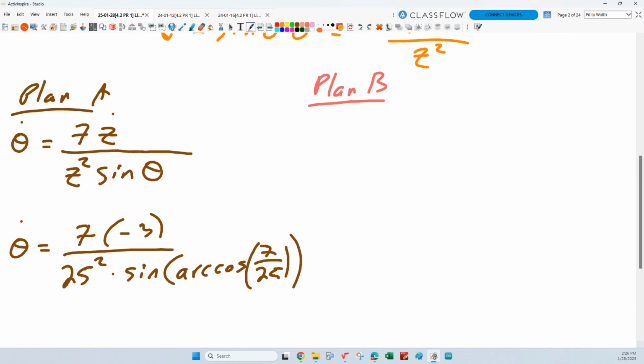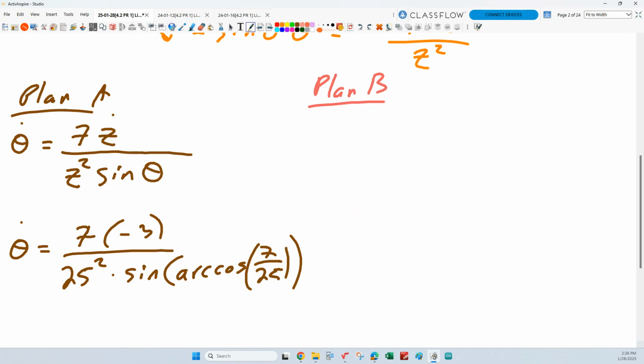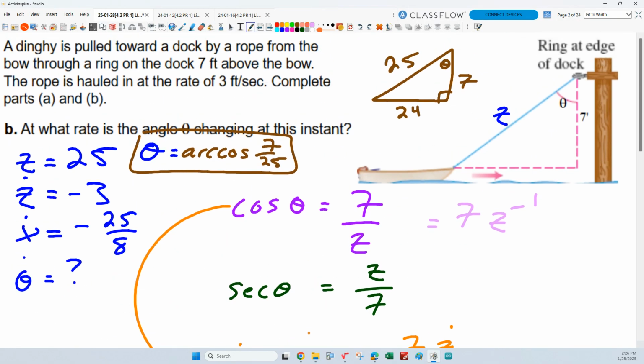Same stuff, right? When we solve for theta dot, we get 7 z dot over z squared sine theta. But from our reference triangle, what is sine theta equal to? If that's theta, doesn't that just tell us sine theta equals opposite over hypotenuse?